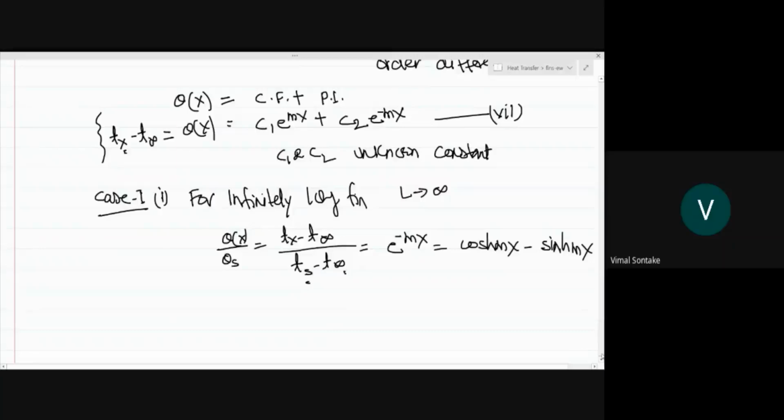And what were the boundary conditions in this case? At x equal to 0, that is at the root of the fin, T(x) is equal to Ts, and at x equal to infinity, that is at the tip of the fin, T(x) becomes T infinity.